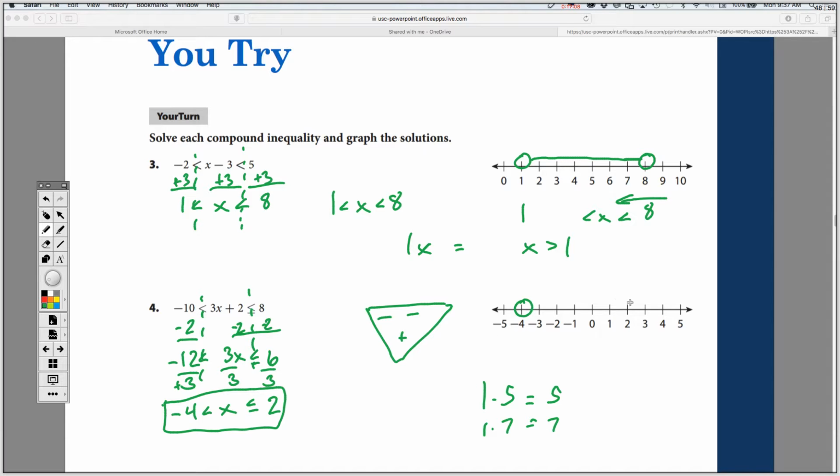And 2. Okay, for 2, should it go left or right? Left. Negative 4, left or right? Right. Okay, check if you missed anything. Anything else you want to tell me?